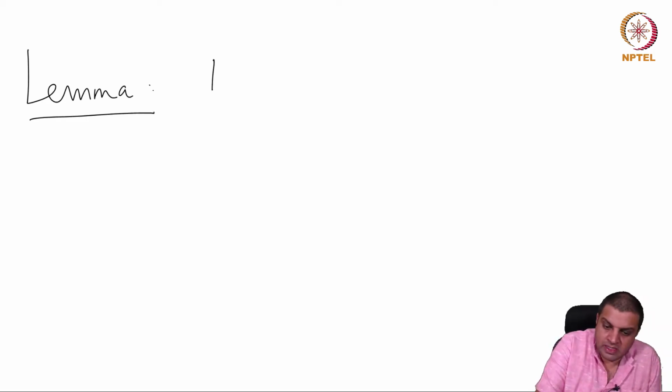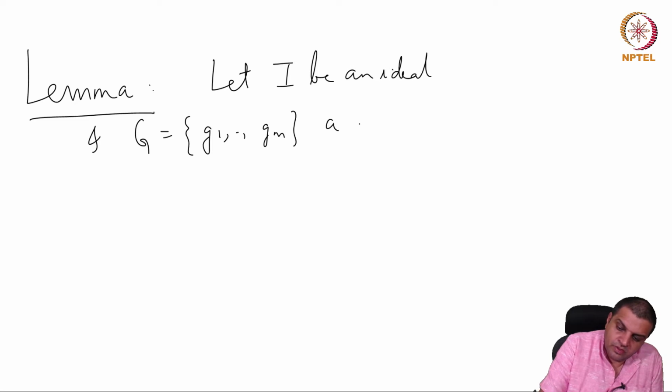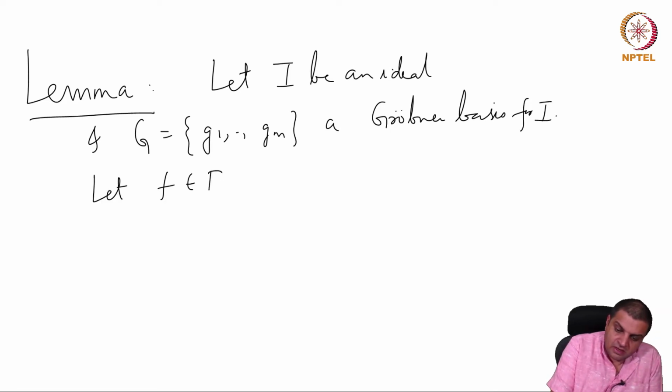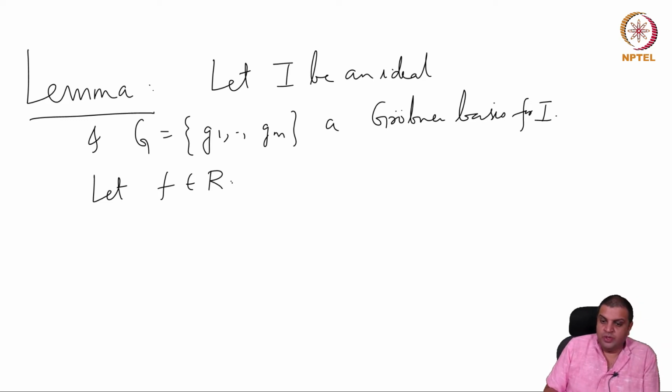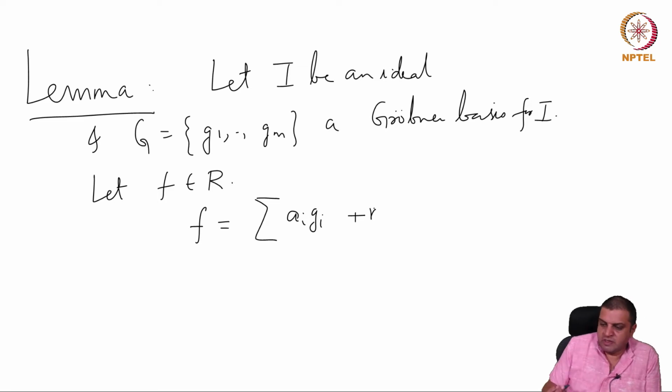Okay. Let I be an ideal and G1 through Gm a Gröbner basis for I. Let F be inside R. Now we know from the division algorithm from the previous lecture that we can write F as some sum of AiGi plus R. But we could possibly have written it in a different way also.